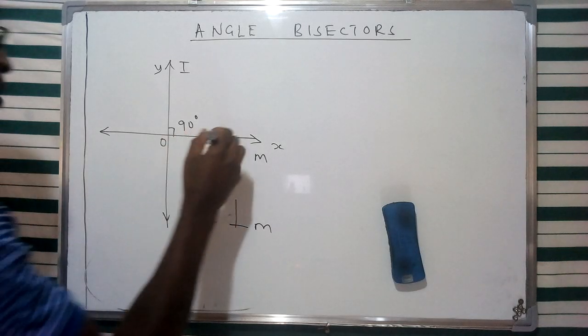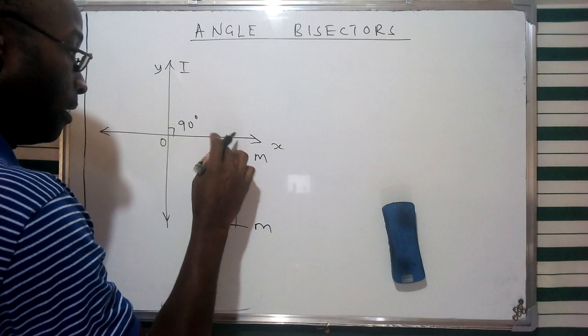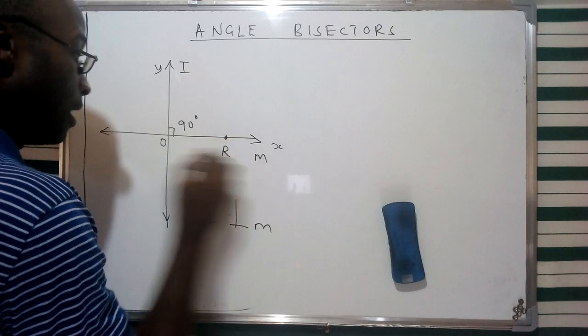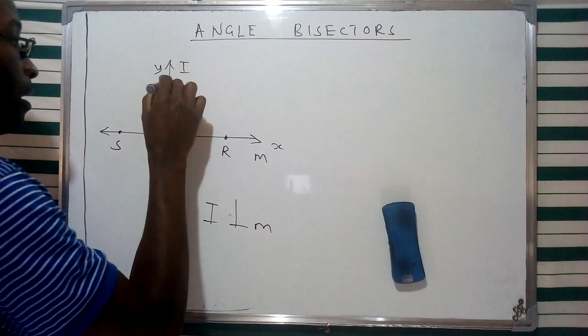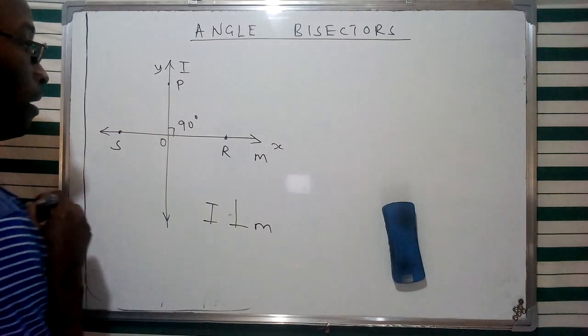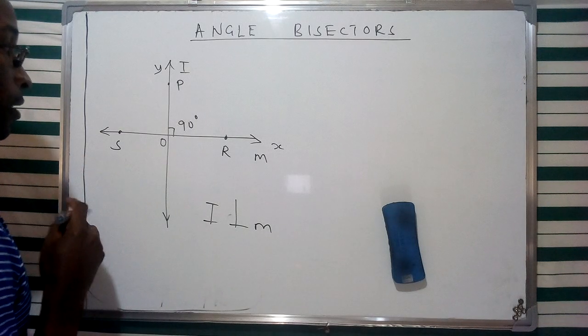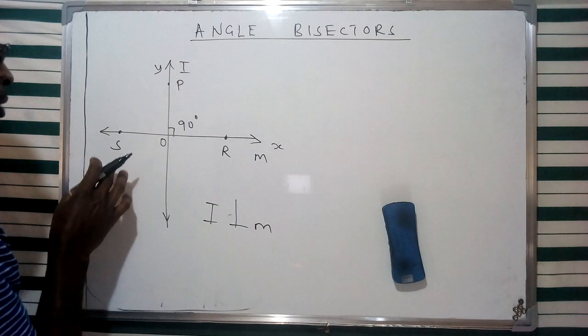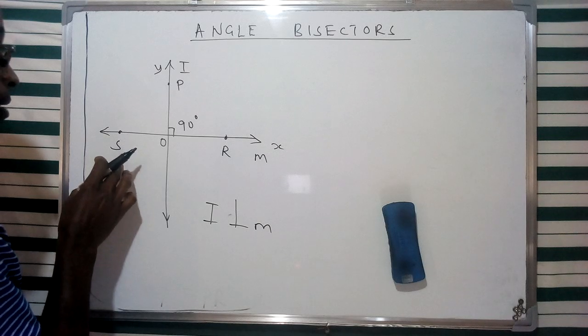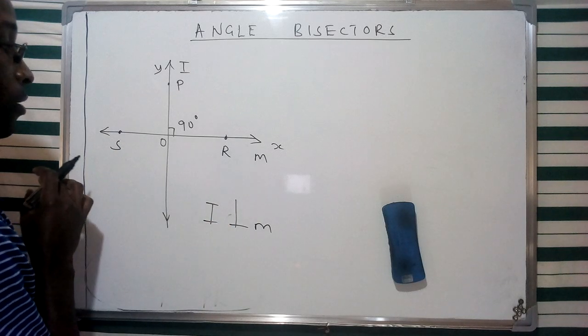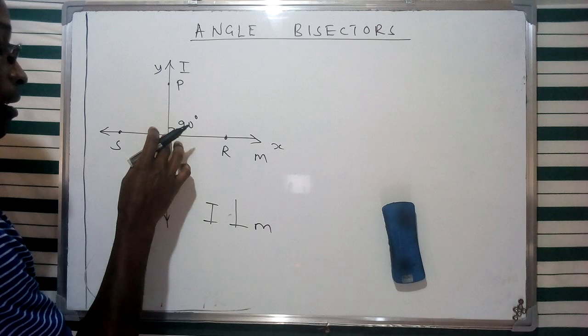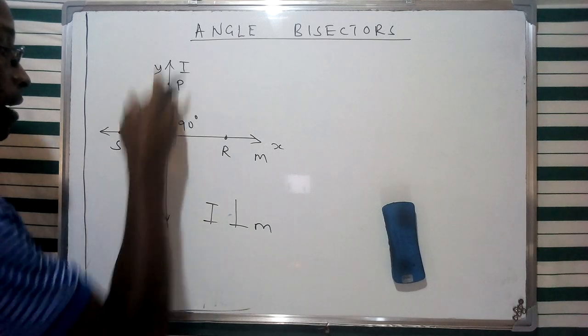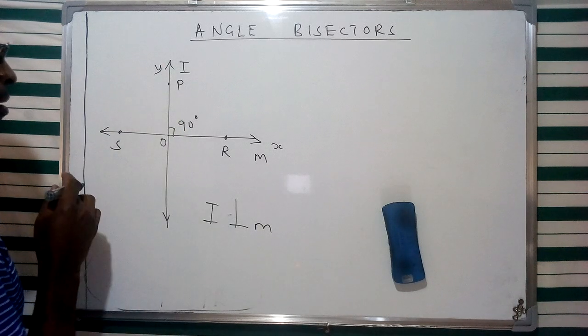So if we have two points R and S, and point P perhaps at that specific point, we're going to see that a perpendicular bisector that divides this segment SR is going to divide it along this line, and that is going to form a 90 degree angle.